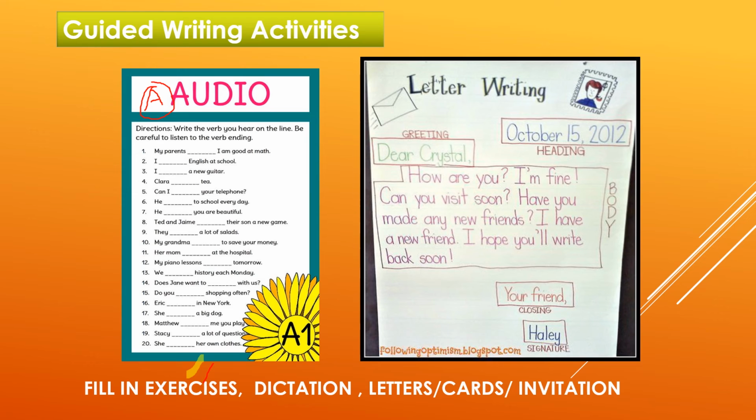Give them this worksheet with 20 sentences with some words omitted, and then in front of the classroom you read out the sentence completely and let them write down the word that you read but is not in the worksheet. So this is a guided writing activity. You teach listening and writing as well. Okay, this is different.